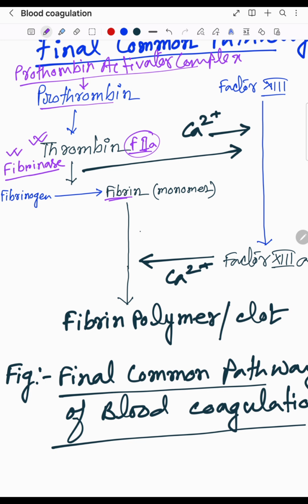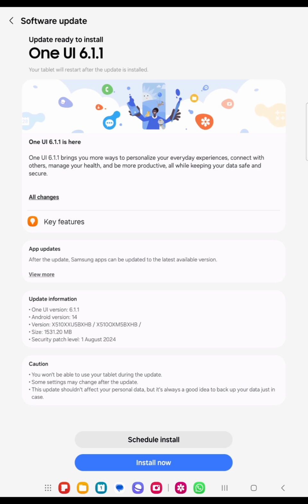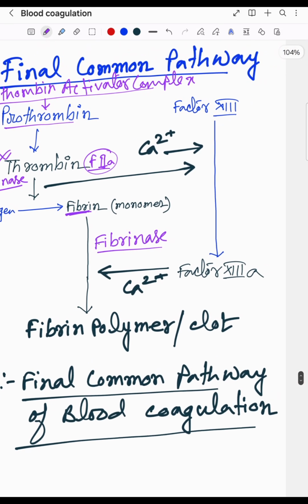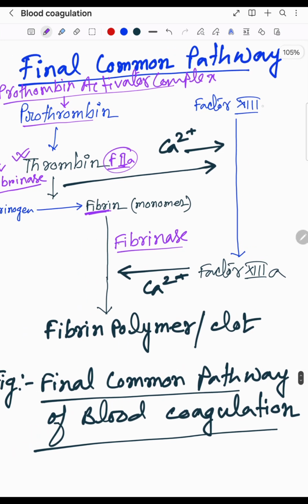Okay, so what is the role of fibrinase enzyme? It forms the clot. It catalyzes the fibrin to fibrin polymer. So here is the role of fibrinase. They catalyze and form a fibrin polymer. Okay, and there is also the activation of factor 13.